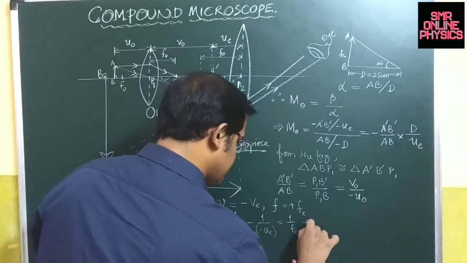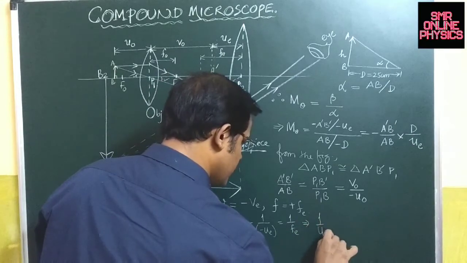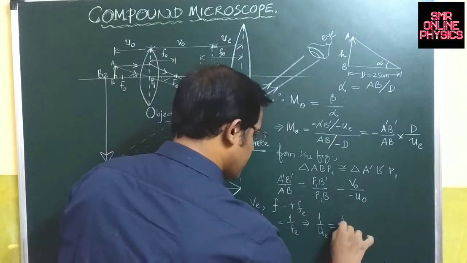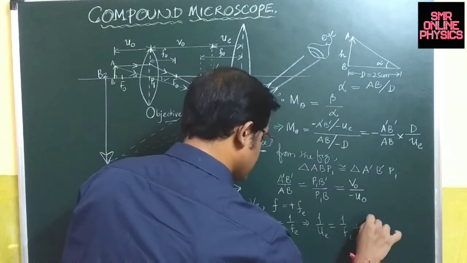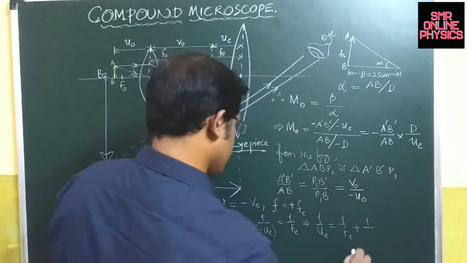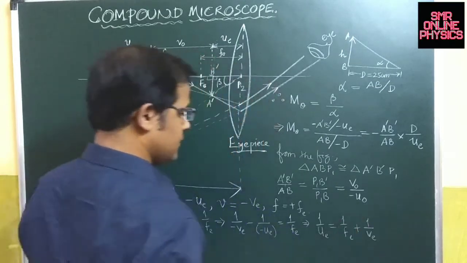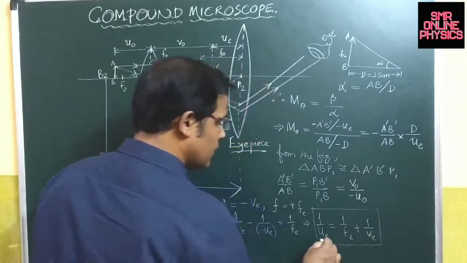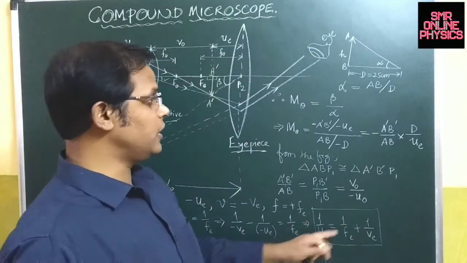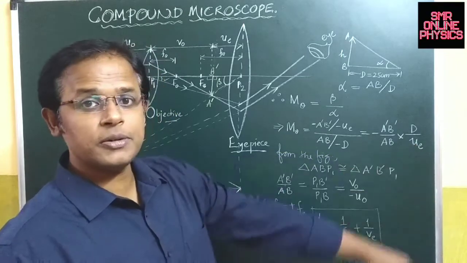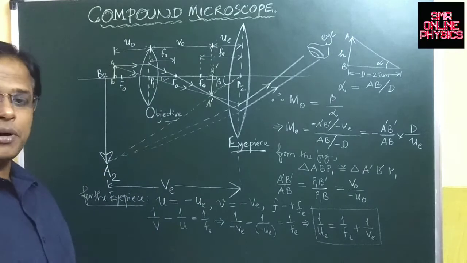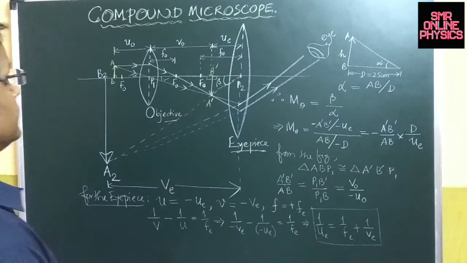So you will find ultimately 1 by UE is equal to 1 by FE plus 1 by VE. Right. So we got the value of 1 by UE. I'm going to put this value over here for the term angular magnification. Please note it down so that I can rub off certain part of it.